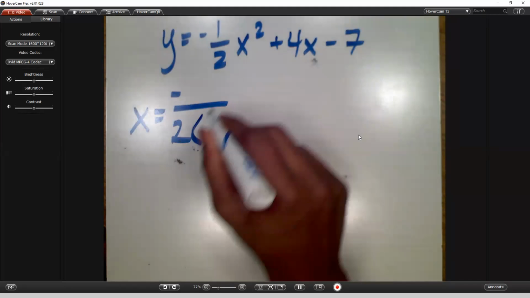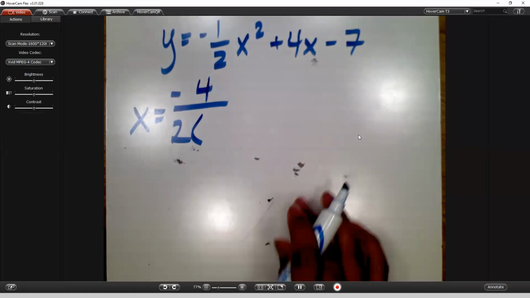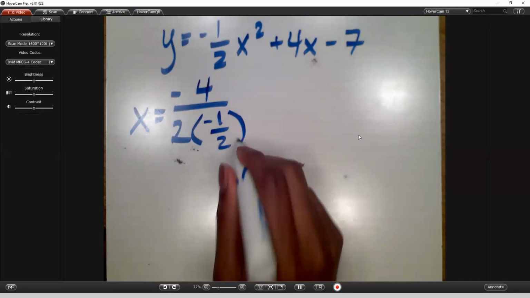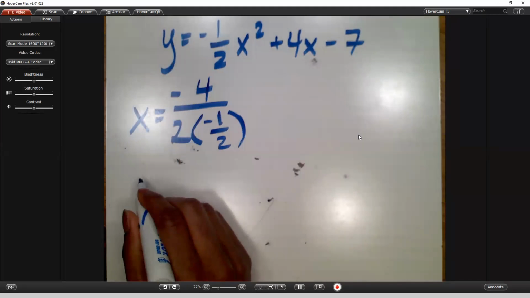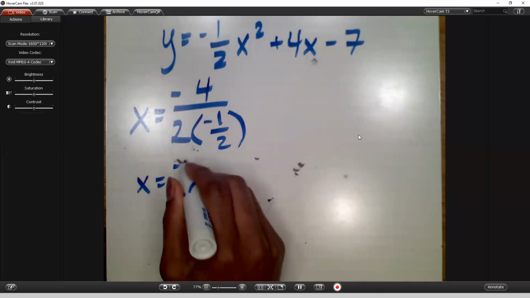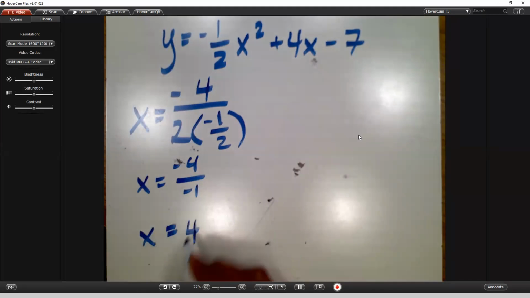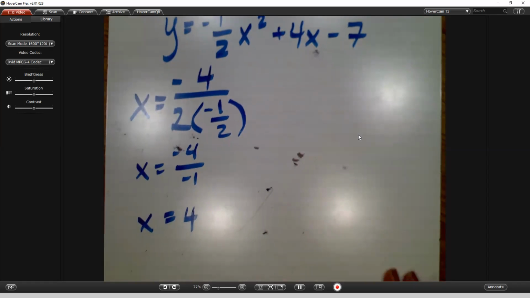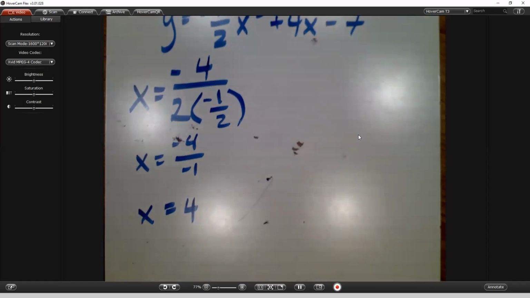So b is 4, so opposite b is -4. 2a is 2 times -1/2. As I multiply that through, it's -4 over -1, and that is +4. So the axis of symmetry, or the center of my graph, is going to be at x equals 4.